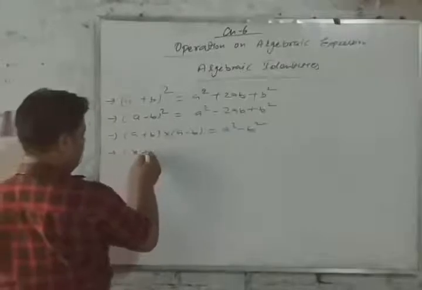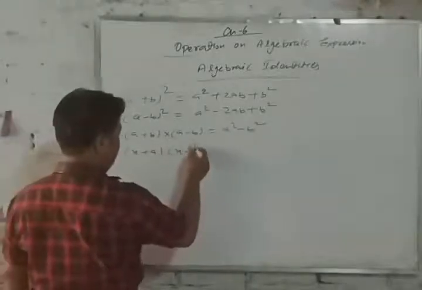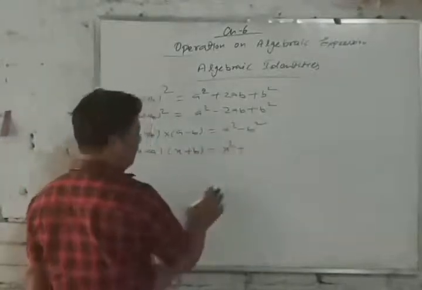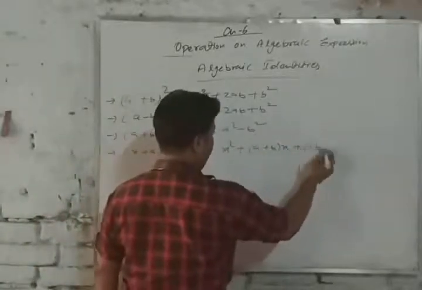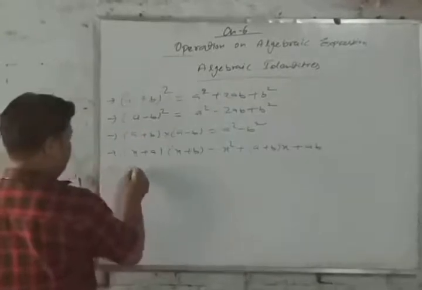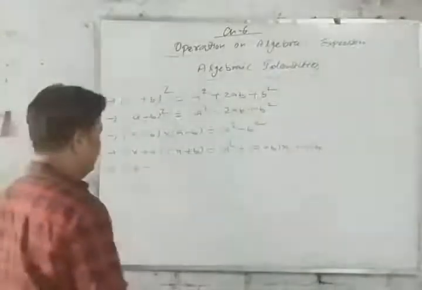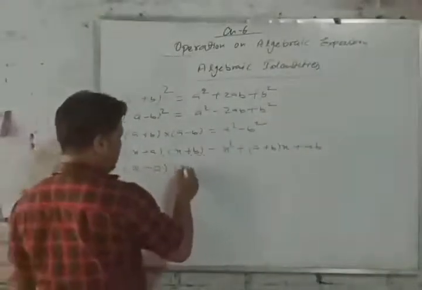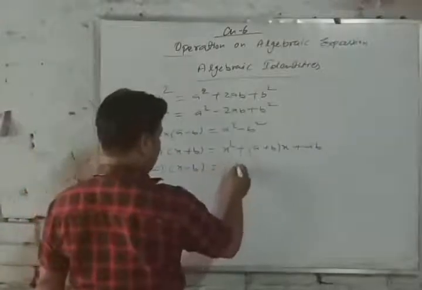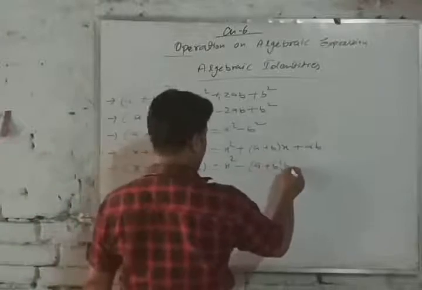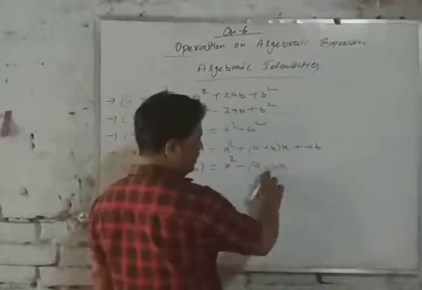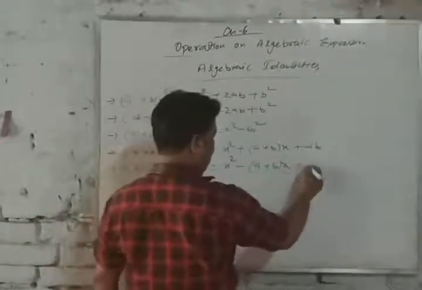Next, x plus A into x plus B is equal to x square plus (A plus B) into x plus AB. Then x minus A and x minus B is equal to x square minus (A plus B) into x plus AB.